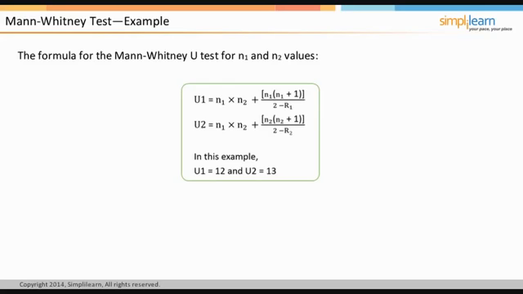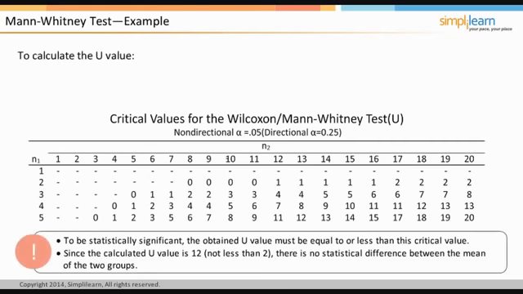Similarly, U2 equals N1 multiplied by N2 plus N2 multiplied by N2 plus 1 whole divided by 2 minus R2. In this example, the value of U1 is 12 and U2 is 13. Now, the U value can be calculated by taking the minimum value among 12 and 13, which is 12.